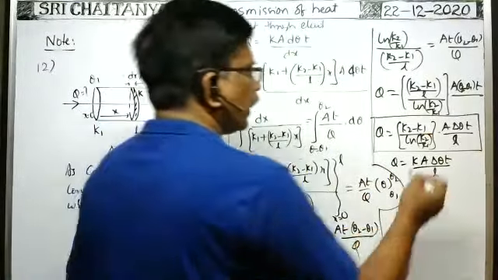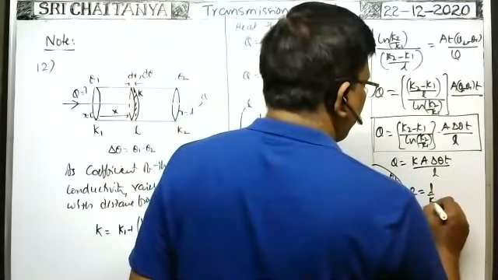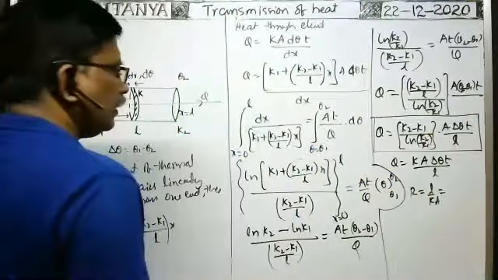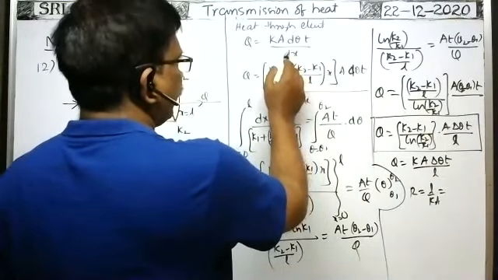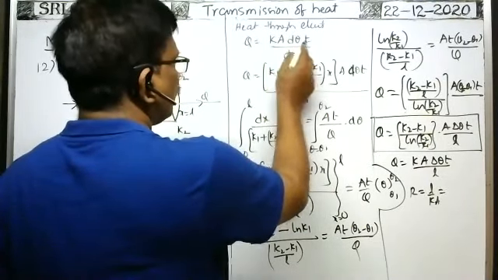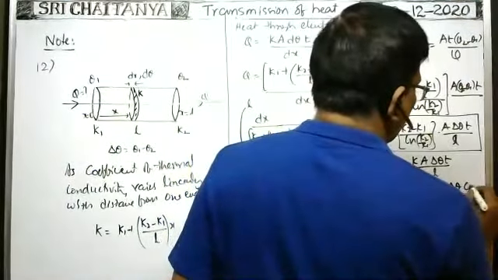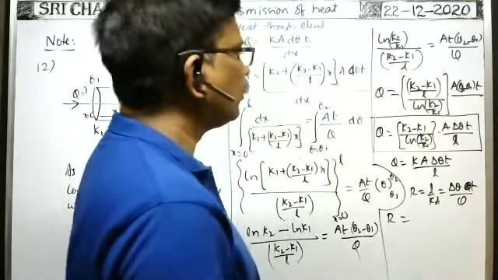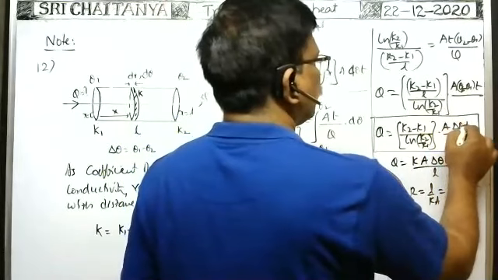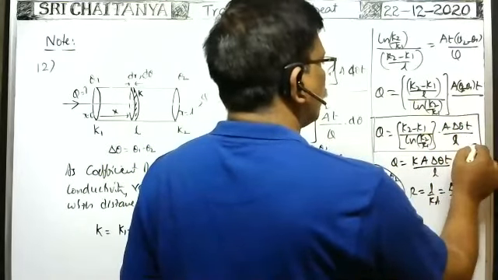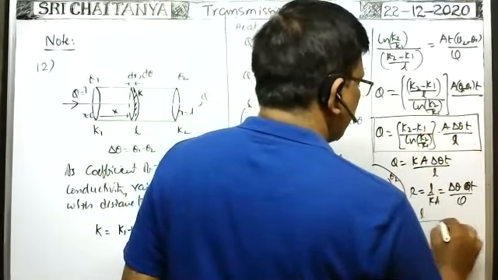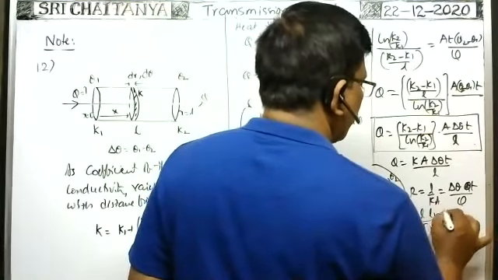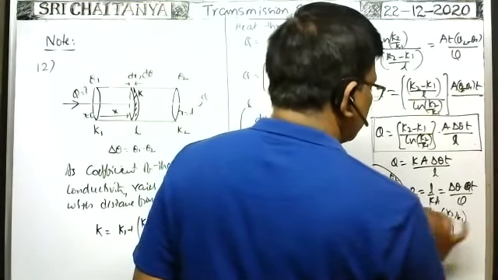By comparing the general formula, R is equal to L by KA, that is equal to delta theta T by Q. So when you compare them, delta theta into T by Q is equal to L by area of cross section into K2 minus K1 by ln K2 by K1. I think you will get this formula only.